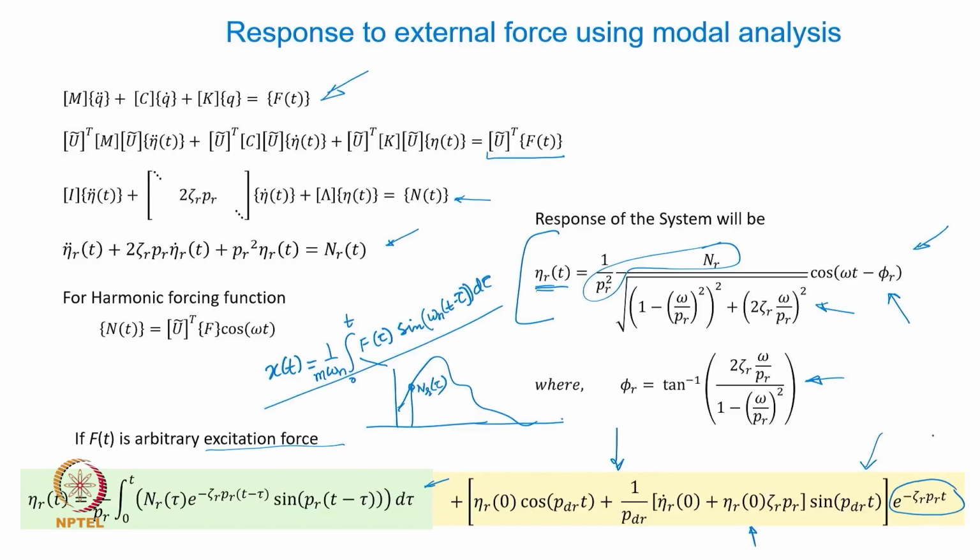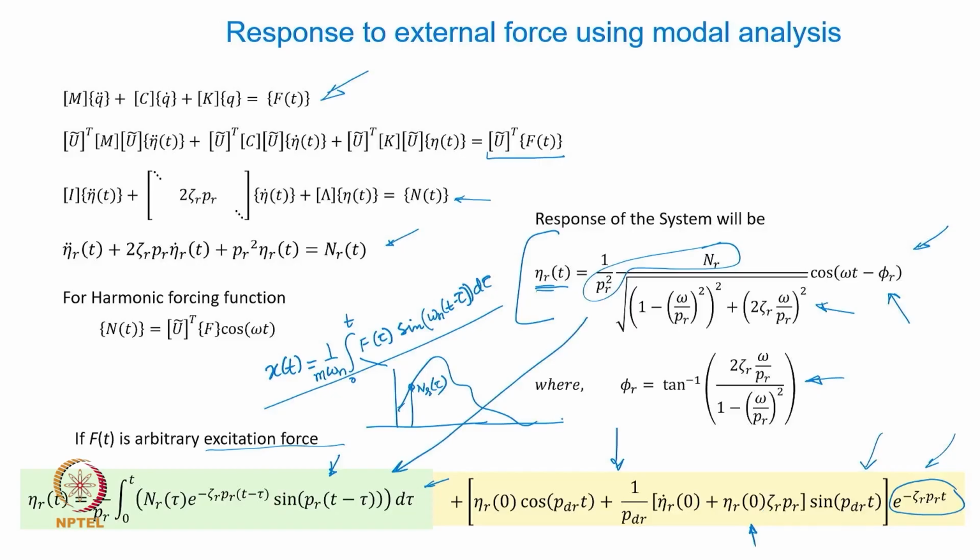But mathematically this is the complete response, and once eta r of t is expressed like this, in place of this convolution integral you may have this part replacing it if it is a harmonic excitation case. This part is based on your initial conditions.